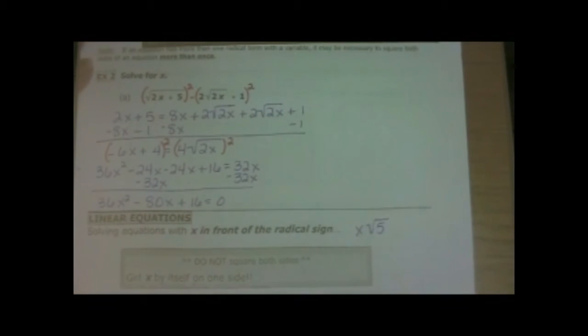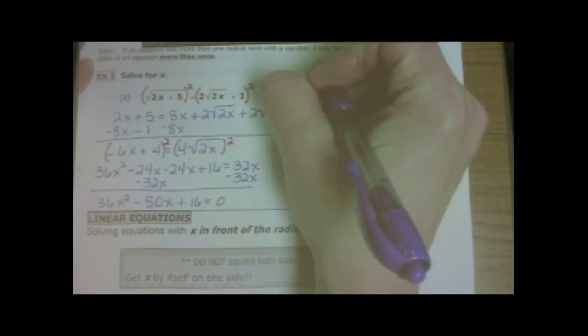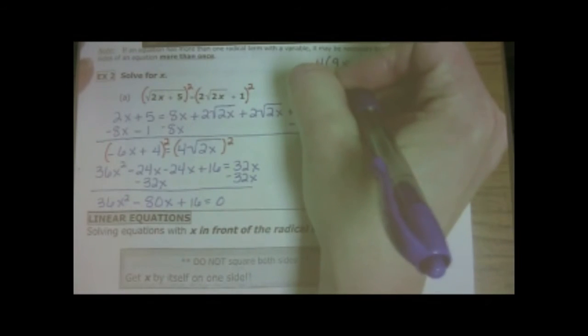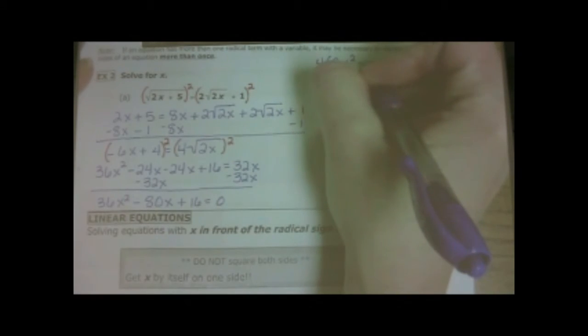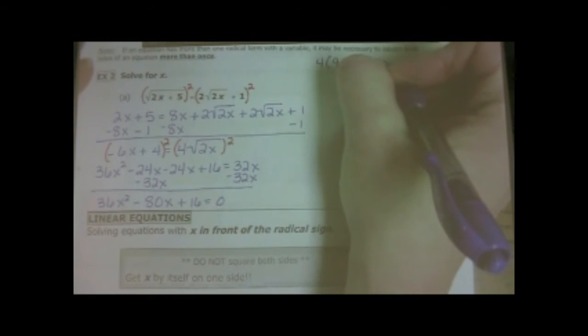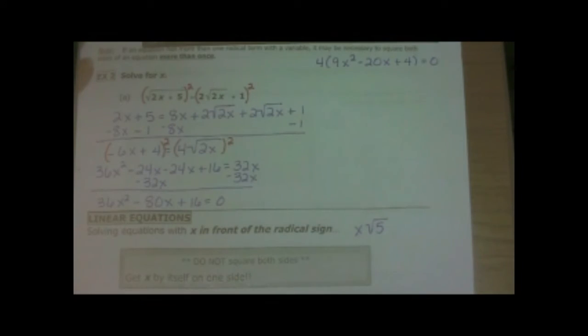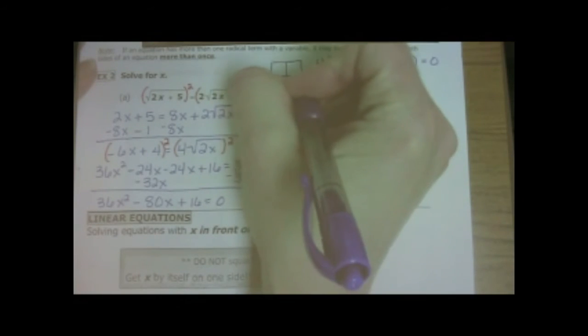So let's go up to the top of the page again, and I have 4 times 9x squared minus 20x plus 4 equals 0. And now I'm going to use the box method to factor this. So let me draw my box. The 9 goes here, the 4 here.